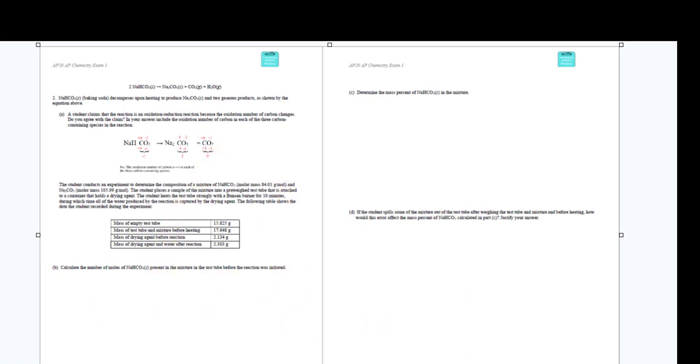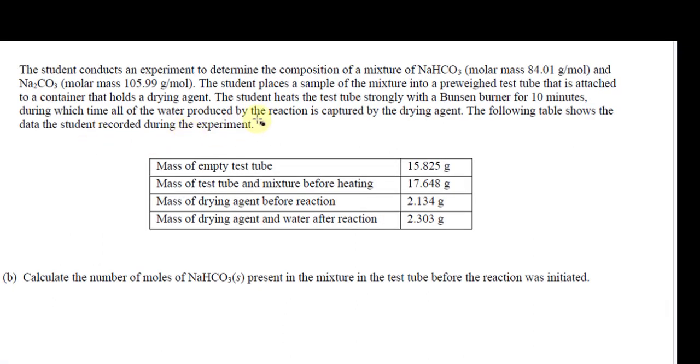So let's attack B. A student conducts an experiment to determine the composition of a mixture. Be very careful. When you see a mixture, that means that we're probably going to have to find out something that is within that mixture. So this is not pure NaHCO3. It's a mixture of NaHCO3, they give us a molar mass, and Na2CO3.